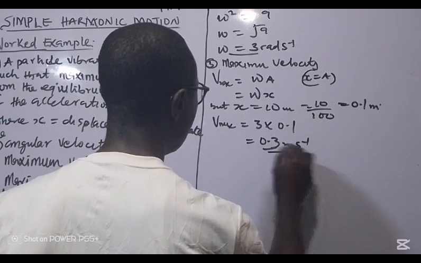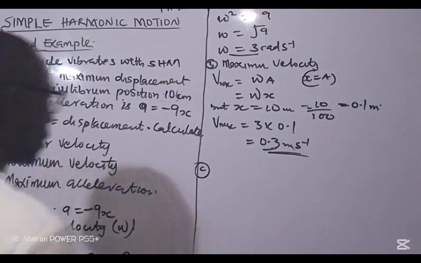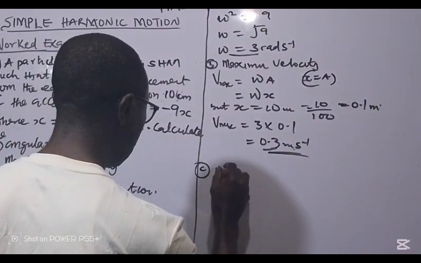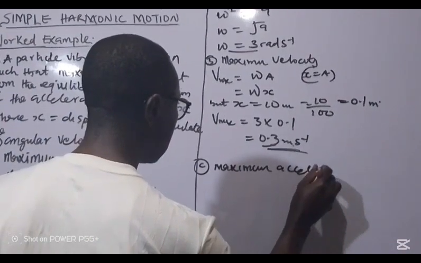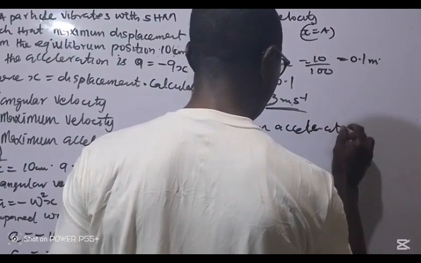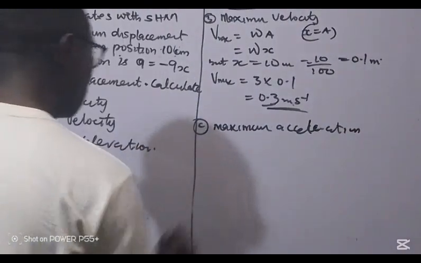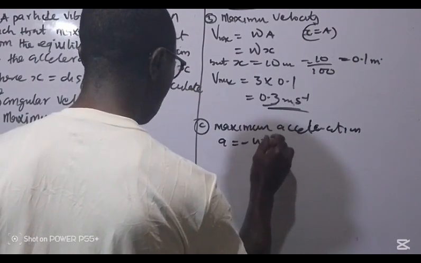See part C of the question, maximum acceleration. That one will give us A equal to minus omega square x. And x is given in the question.